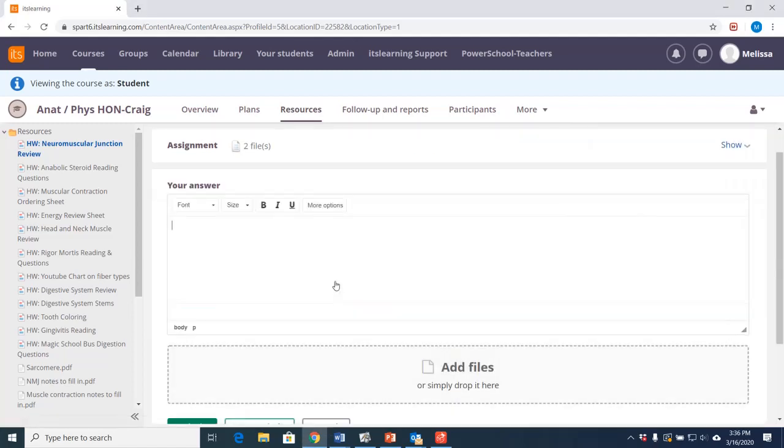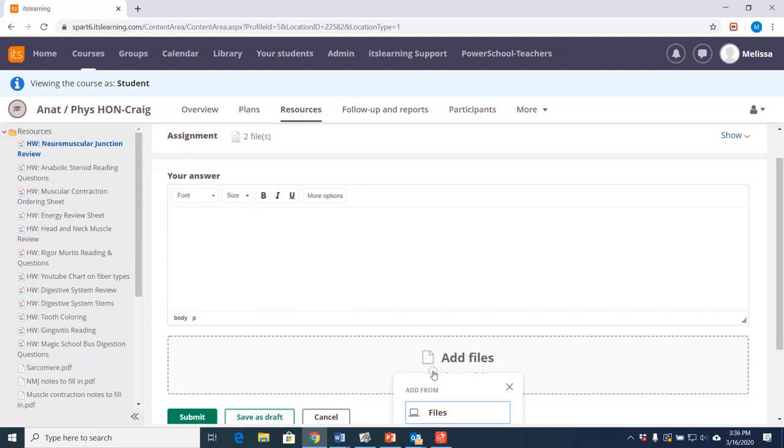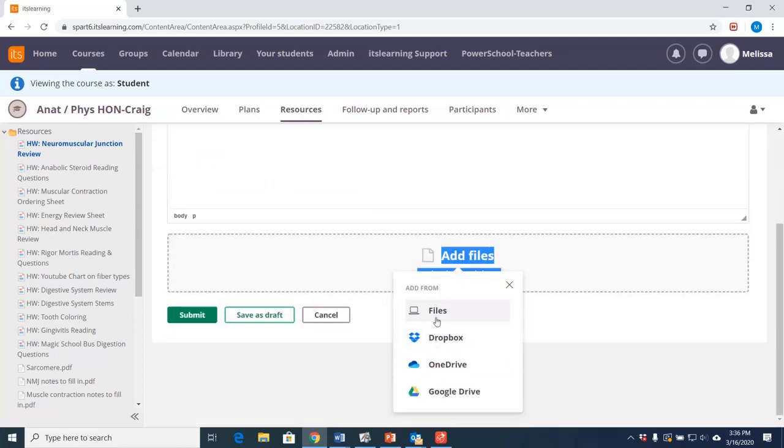When you go to upload a picture, it says add files. From what I can tell, it is easier to do this if you have the It's Learning app, because you can upload a picture directly from your camera roll instead of emailing it to yourself, saving it to your computer, putting it in here, and you get my gist.